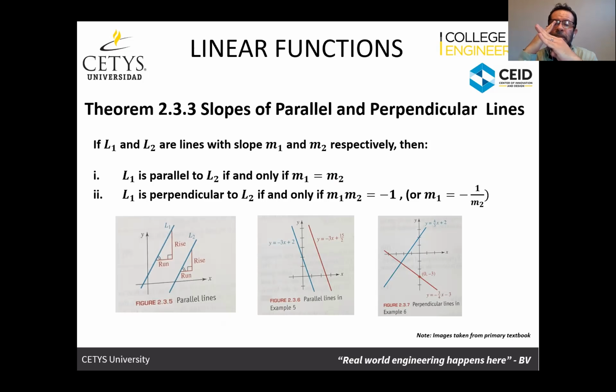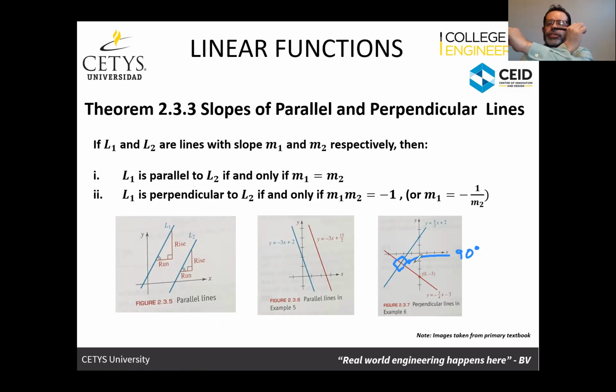Being perpendicular means that the lines cross, and the crossing generates a perfect 90 degree angle. Here we've got an angle generated between the lines, and this is a 90 degree angle.